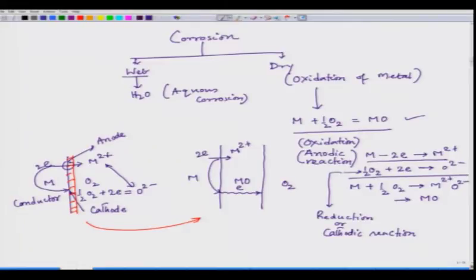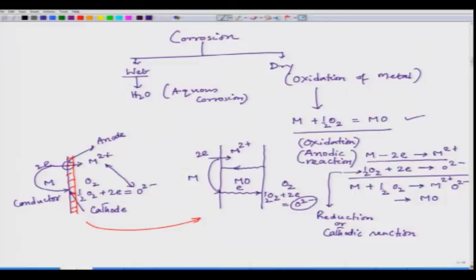If it is N type, then this electron can flow through the electron carrier and here form O2-. Now, this ion can also move like this.